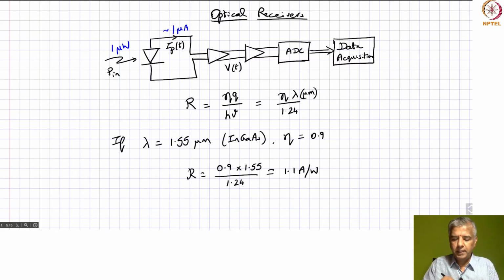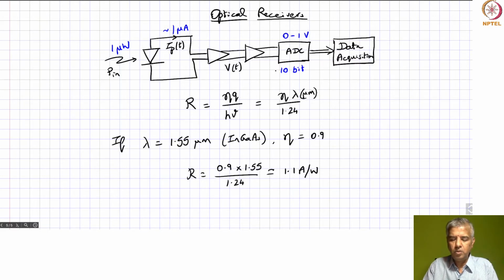This needs to be converted to a voltage and then amplified, so that finally the signal fills the ADC. If you take a 10-bit ADC, you have 1024 levels, and if the ADC has a swing of 0 to 1 volt, let's say, and you want to use all the bits of the ADC, you need to fill the ADC.